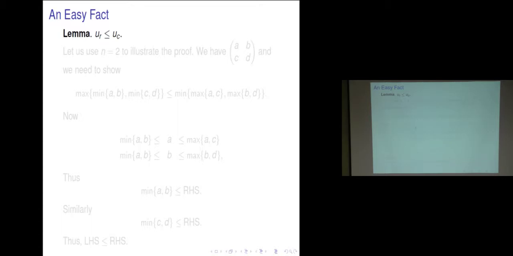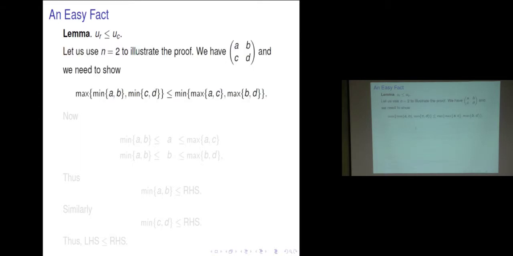I don't know whether this is what you asked. You can swap the min max. In any case, we have 2 significant numbers, one for the row player, one for the column player. So the general fact, just from min max, we get this relation.